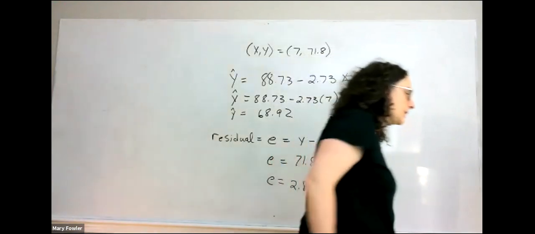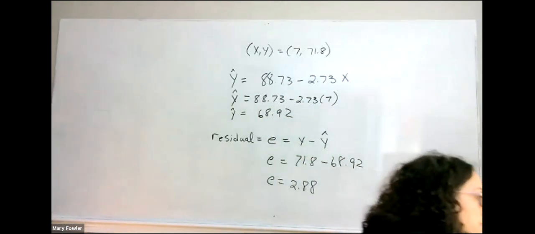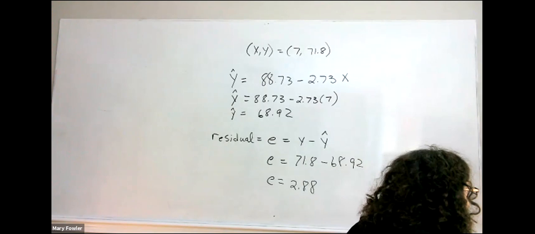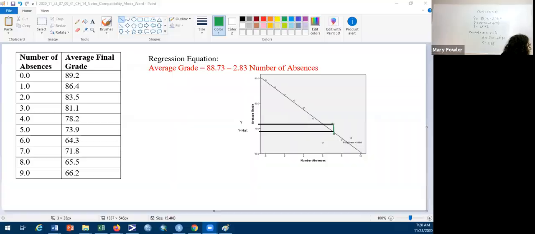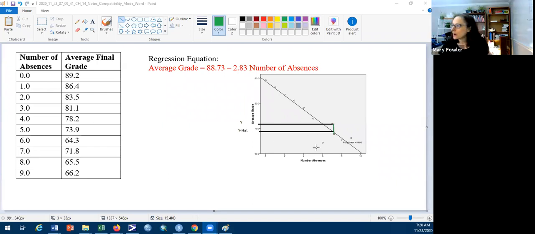Let's go back to the screen, the notes that I was looking at there. And so what we have just done at the whiteboard is we know now that this green bar, which is our error associated with the data point when x equals 7, the length of this green bar is 2.88.